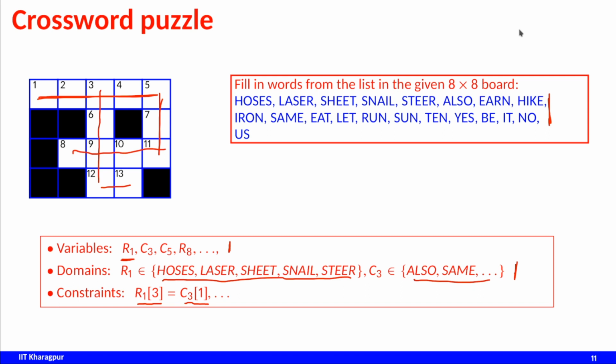Wherever there is an overlap, I just need to write a constraint for that one. So I can define it in that way, then we can find out the final solution. So I have to write the constraint in this manner, so that they should match.